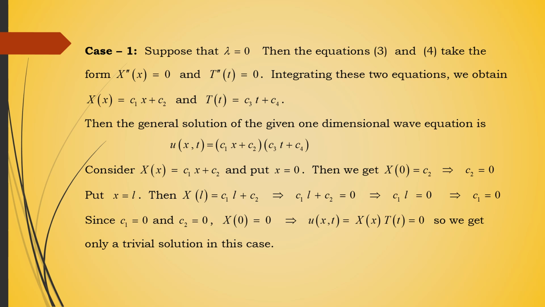If X(x) = 0, u(x,t) = X(x)T(t) implies u(x,t) = 0.